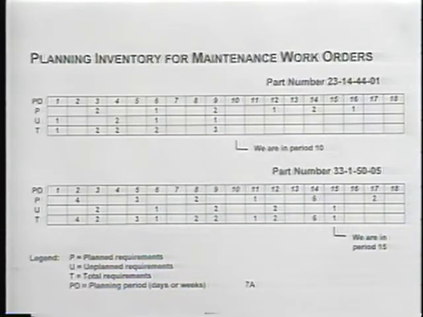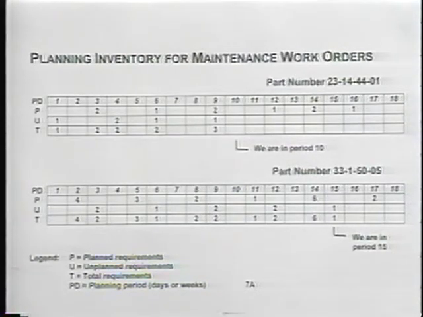Now, for the top record, part number 23144401, you'll see that we are currently in planning period 10. Now that could be a week period or it could be a daily period. If you look to the left from period 10, we have been able to identify all of the requirements for the planned work orders, likewise the requirements for the unplanned work orders, and also we were able to total both the planned and unplanned.